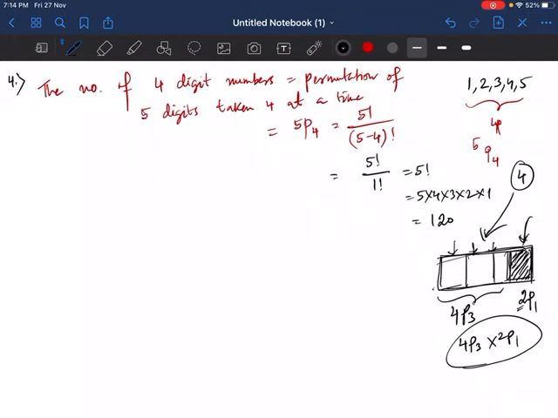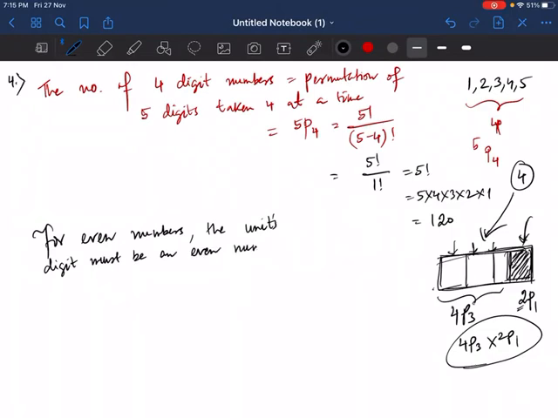So let us write down. For even numbers, the units digit must be an even number.